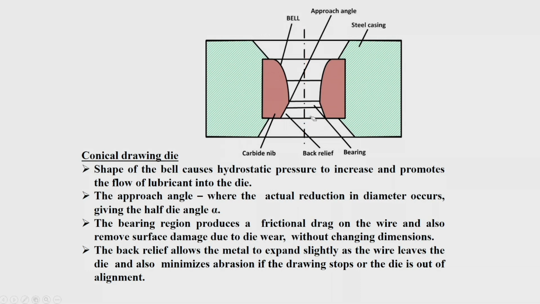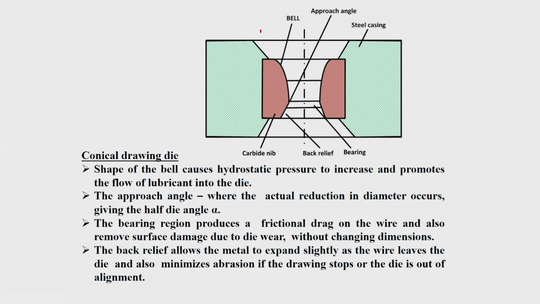The steel casing should have sufficient rigidity so that it can withstand the reaction forces. From here the workpiece metal enters, gets reduced, and flows through this material. When you look at the entry of the metal, this itself is not simply a tapered hole.